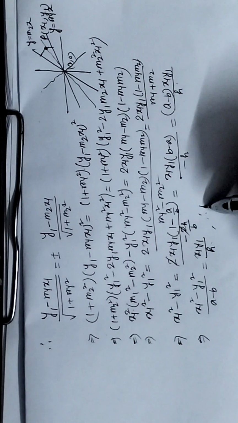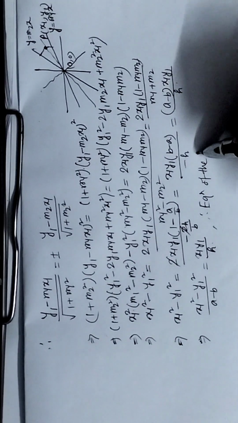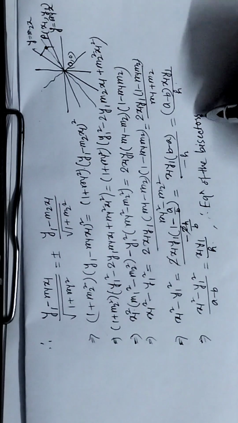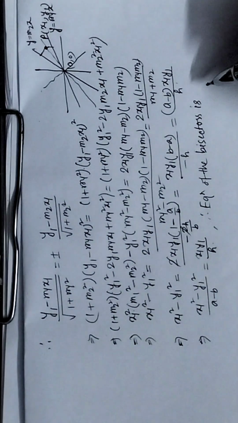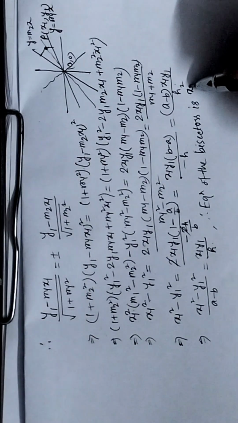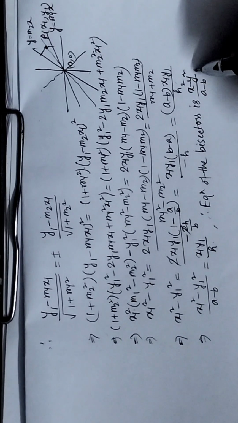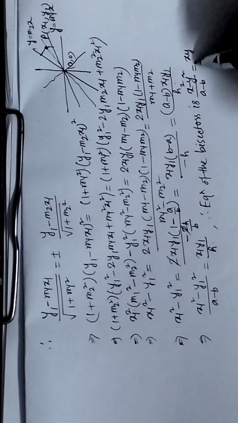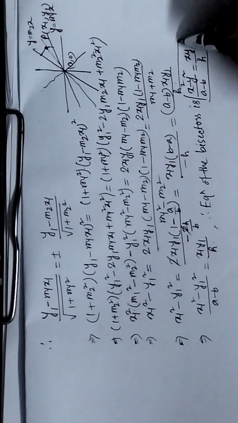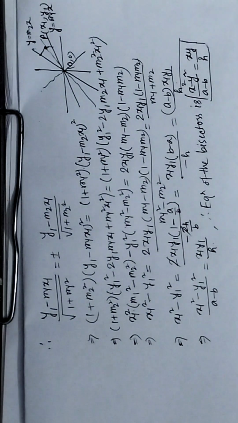So the equation of the pair of bisectors is x square minus y square by a minus b equals to xy by h. This is the equation of the pair of bisectors of the angles between the pair of straight lines.